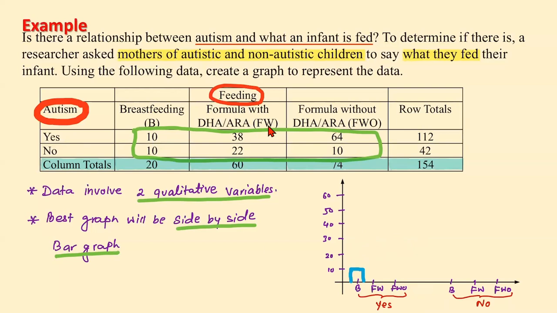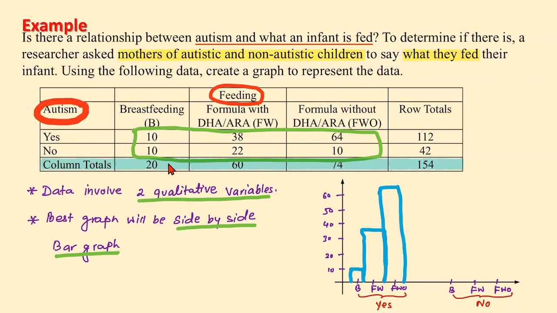Next one, you can see formula with DHA, 38, and that is a yes. So 38, pretty close to 40, just like that. And then the next one is 64. So this is going to be the tall one, a little bit above 60. Just like that. Okay, and same thing over here.